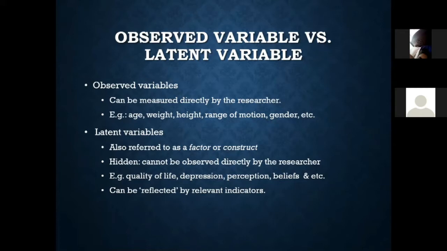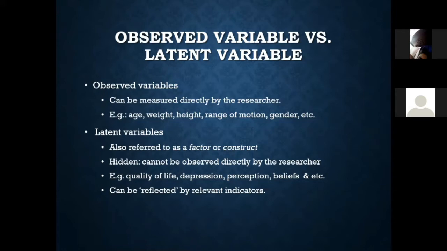The second one is latent variable. Latent variable is also known as factor or construct. Sometimes it is called latent construct. So it is hidden, whereby the latent variables cannot be observed directly by the researcher.